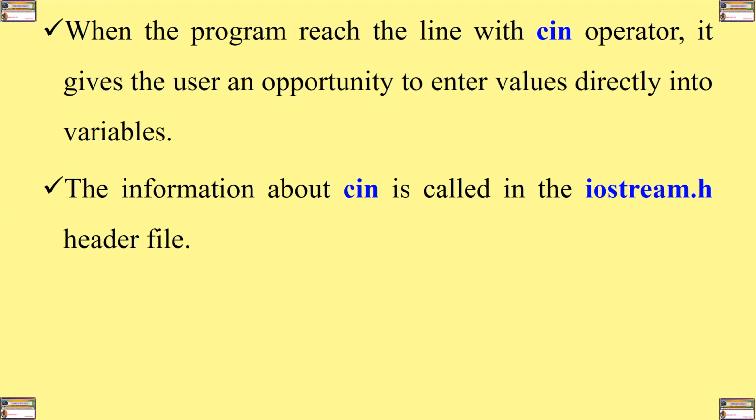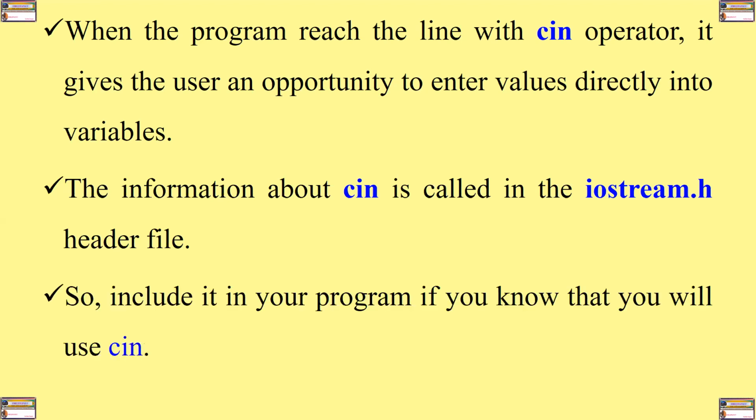Therefore, the definition of cin is found in the header file called iostream that I have already said you need to include within your program if you are going to be making use of any input or output device, like the keyboard for entry of data using cin or the monitor for output of data using cout. So include it in your program if you know that you will use cin.